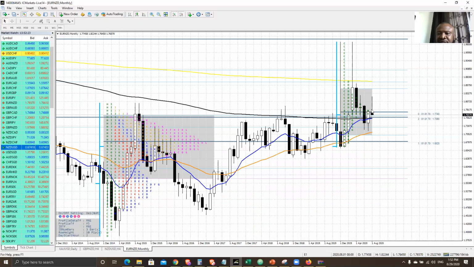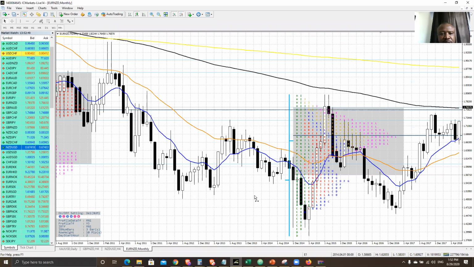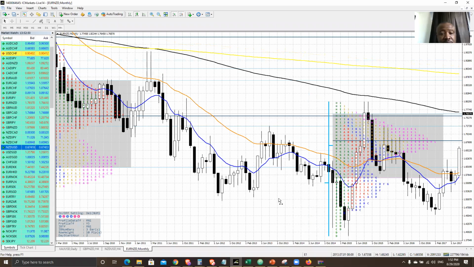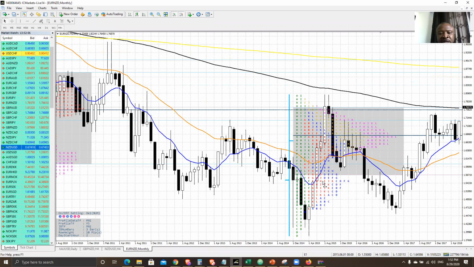And the challenge here, however, is if we close negative on the month, when you look at this kind of candle formation, when the month closes negative like that, we usually have a follow through. Negative rejection, follow through.